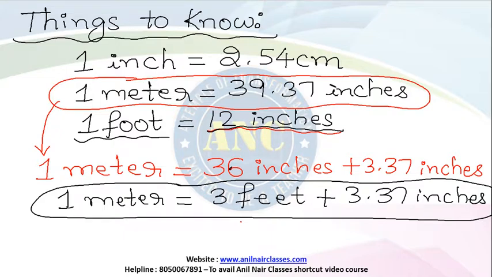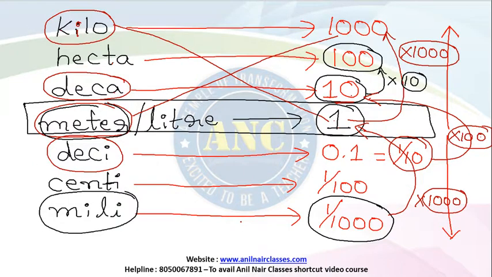What is inch into centimeter, meter into inches, foot into inches, all those things we have seen. And then come the very crucial conversions: meter to kilometer, meter to decameter, decameter to decimeter, decimeter to millimeter. Like that you can do any conversion if you know this particular screen, whatever I have written right now.